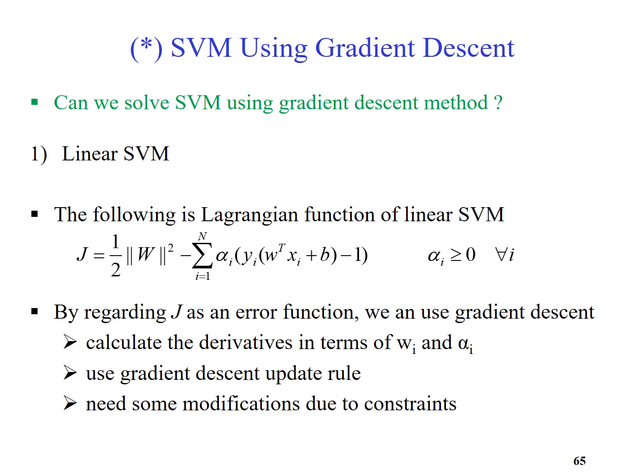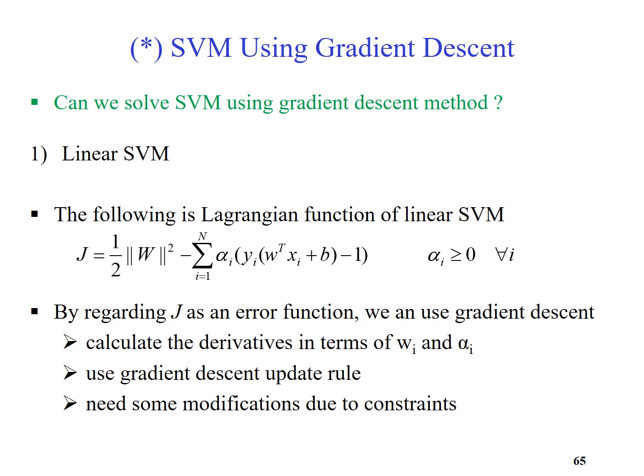That's the method for solving SVM. We have another method, gradient descent, which we used in the neural net, and actually gradient descent is used in many machine learning algorithms.